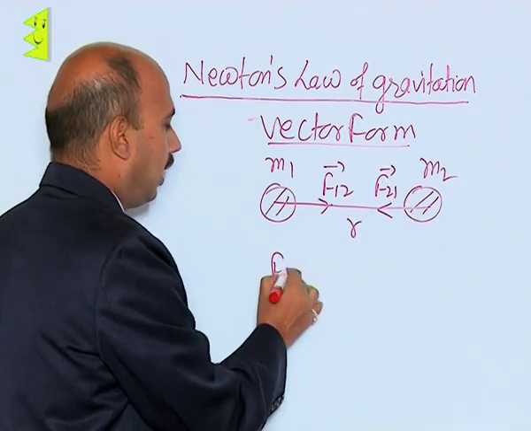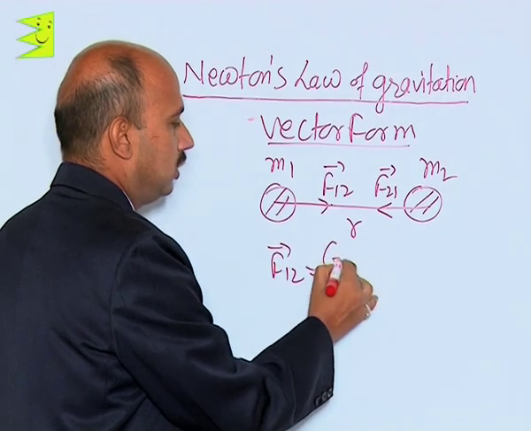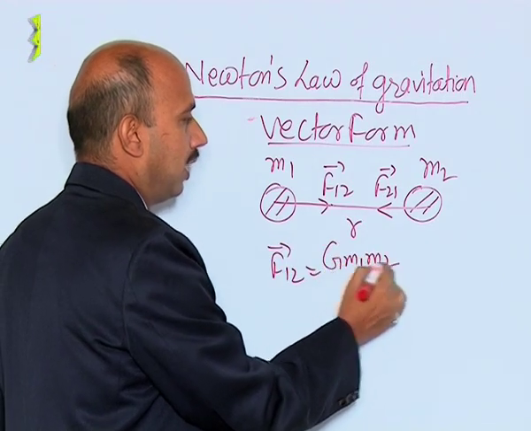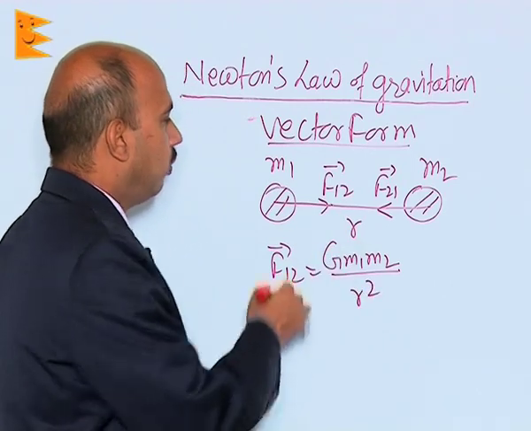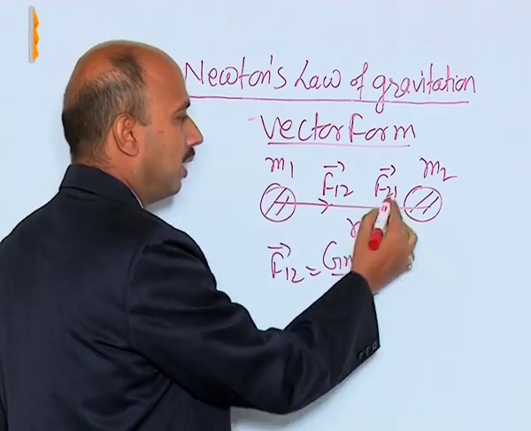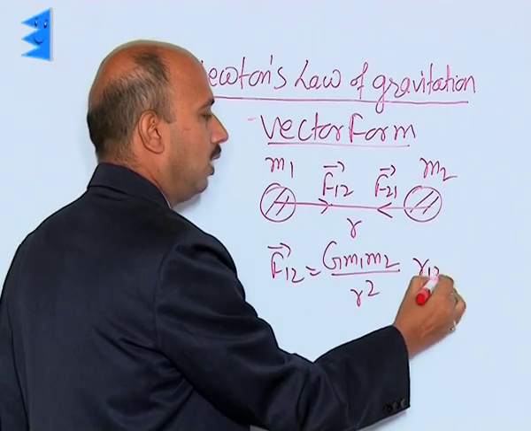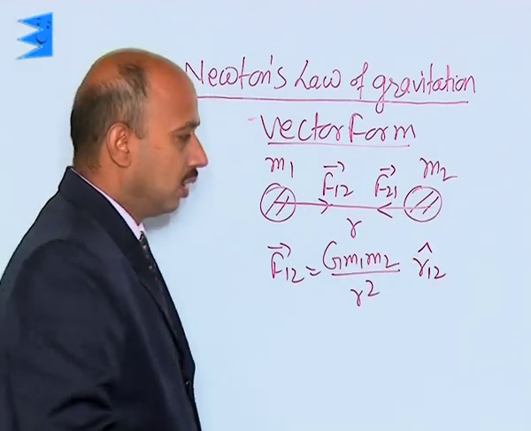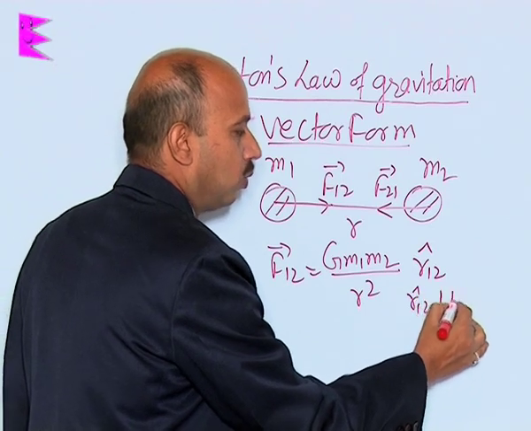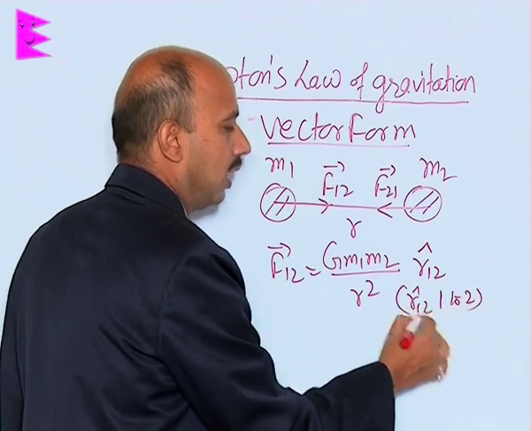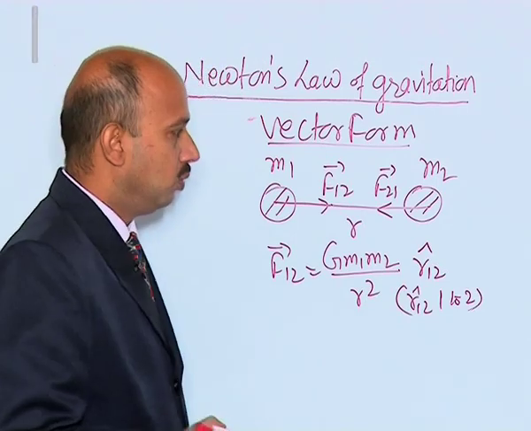You can write F12 is equal to G m1 m2 divided by r square. The force is going from this side, so we can write r12 unit vector, and the r12 unit vector direction is from 1 to 2.